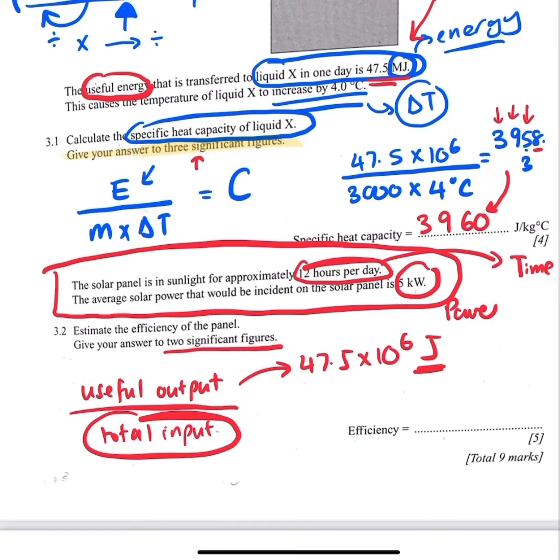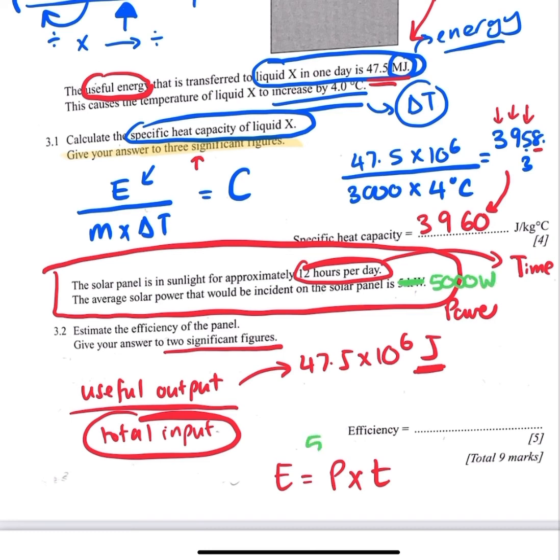So that means energy equals power times time. Remember this is in kilowatts. So kilo means 1,000, so this is actually 5,000 watts.